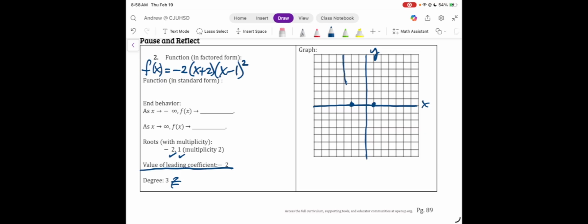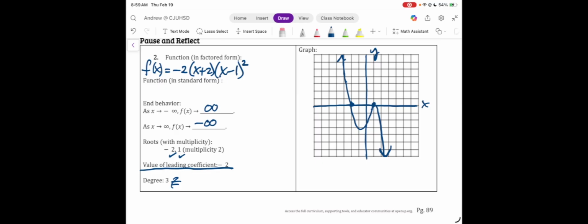Now, when it gets to that root at negative 2, it's going to cut through and somewhere turn around, come up and hit that root at positive 1, and then turn around and go back. So this one, end behavior starts at positive infinity, leaves at negative infinity.